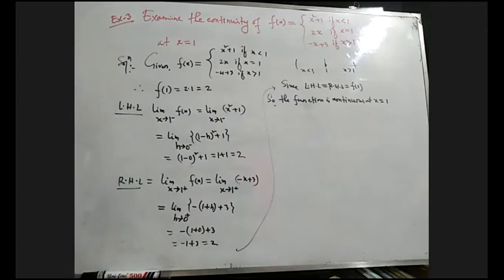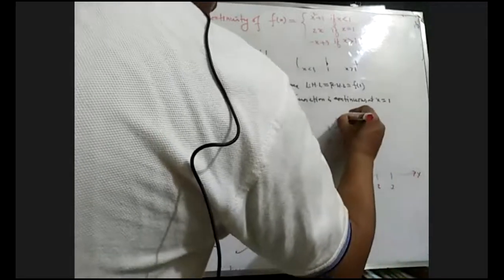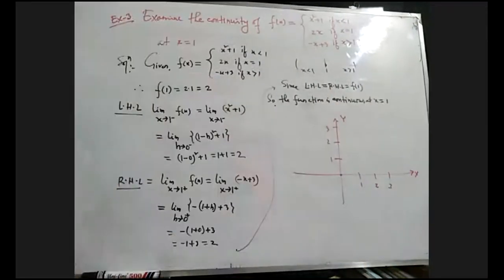This is how it is continuous. Suppose 1, 2, 3 and 1, 2, 3. This is the origin, this is the x-axis, and this is the y-axis.